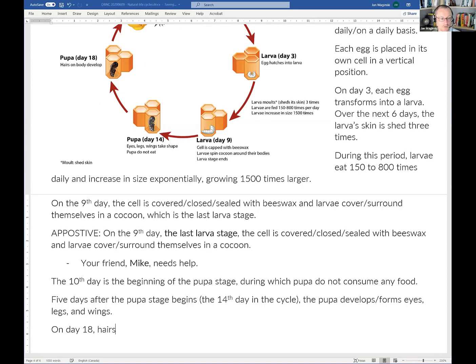Okay. You could also just say form. Just form, okay. Because the passive doesn't really mean anything here, right? Because who exactly is forming them? Life itself. So you can just use active voice. Hairs on the body form.